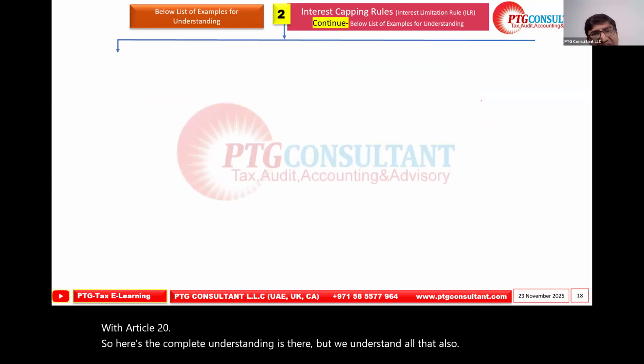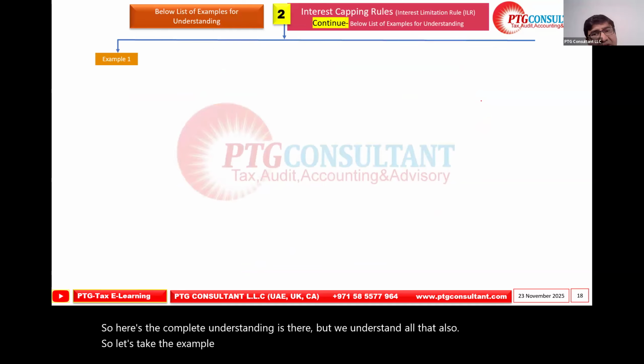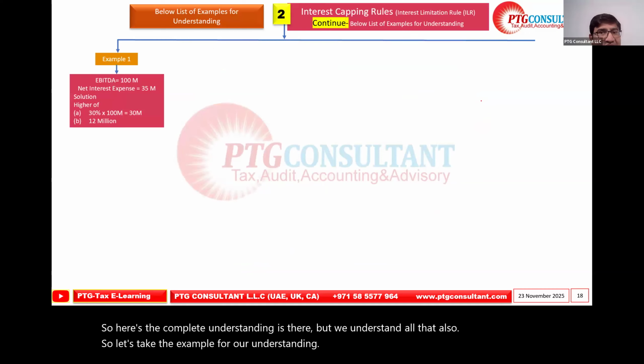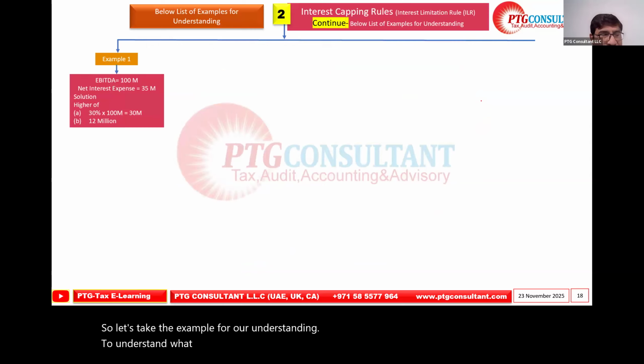So let's take an example for our understanding, to understand what the interest capping rule is. Let's take the first example. If the EBITDA is 100 million, net interest expense is 35 million.